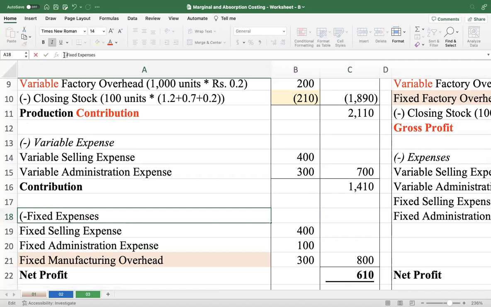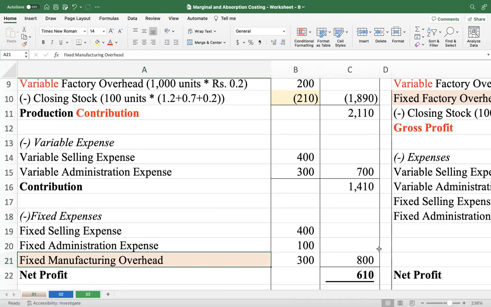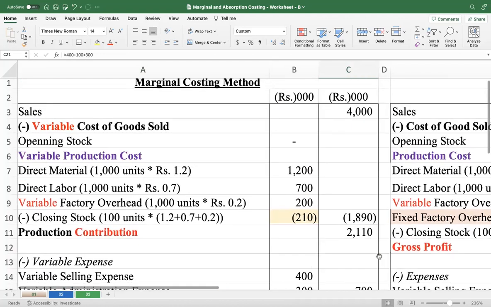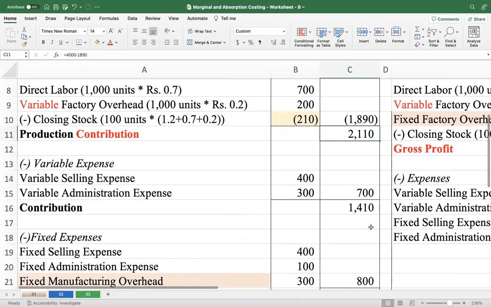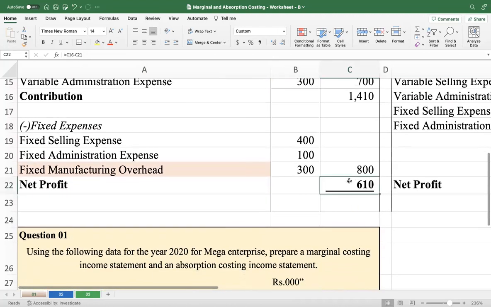Then we know we have to deduct these fixed expenses as well. Since I didn't put brackets here, if you are deducting, you have to show those within brackets. Since I'm using equations here in Excel, I cannot use that. So since you are preparing those manually, put brackets whenever you are deducting. Okay. So what is the net profit?